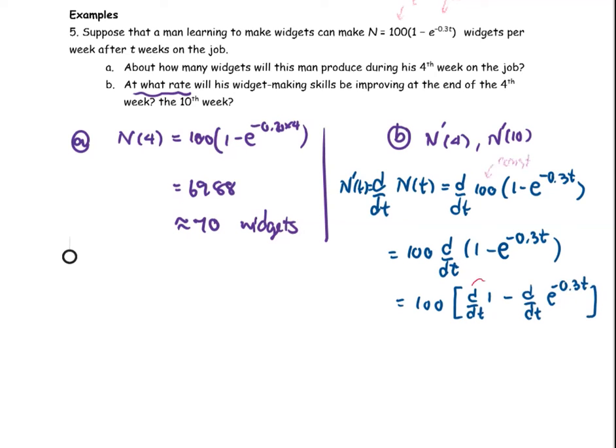The derivative of 1 is 0. For the second part, the derivative of e to the negative 0.3t, we consider negative 0.3t as one function and name it g of t.